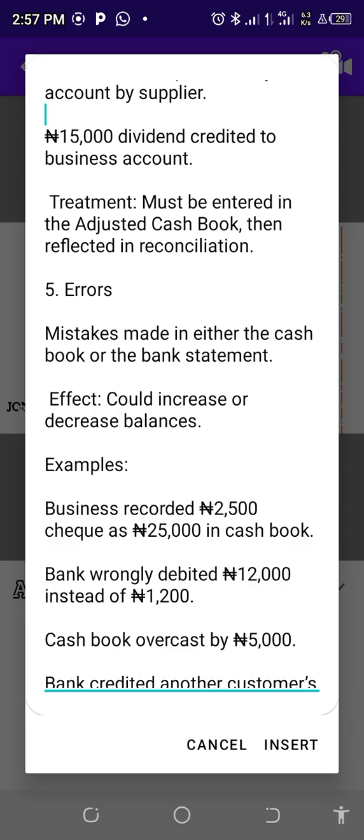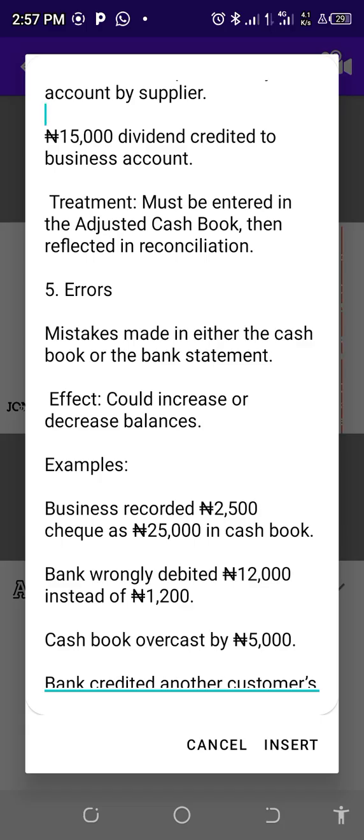If it is an error that was made in the cash book, it will be treated in the cash book adjustments. But if it is an error that is made by the bank, that error will be treated in the reconciliation segments. Is that point clear? Let me repeat it.